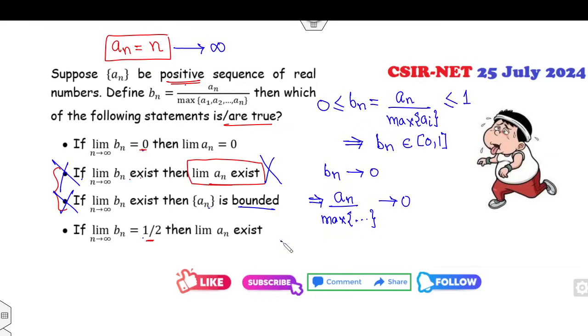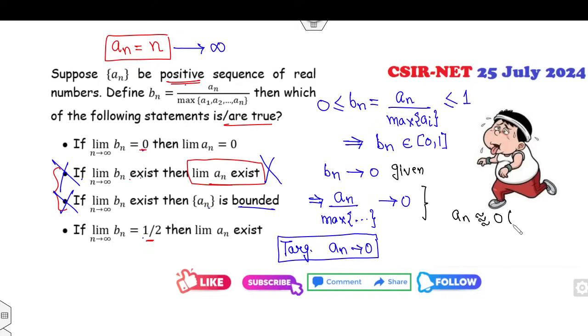Then your target is to check whether a_n goes to 0. Now, if you look at this condition, what does it mean? It means a_n is very small, approximately 0, because this is given to you. It's a very small number. Now your target is to prove a_n goes to 0. Let's assume that a_n does not go to 0. That means there exists some epsilon so that a_n is greater than epsilon.